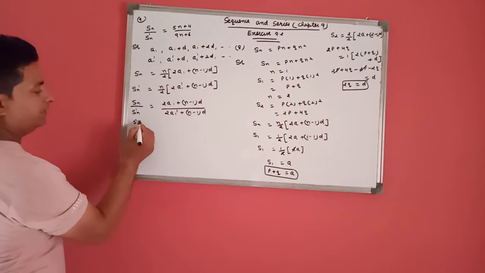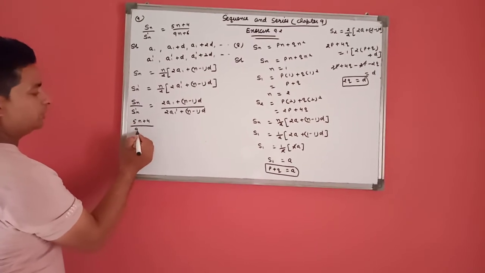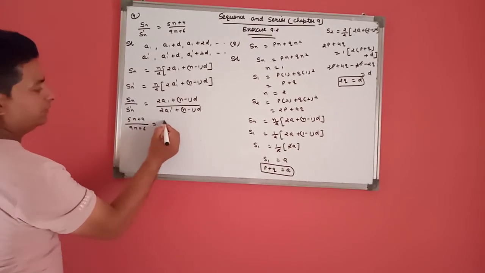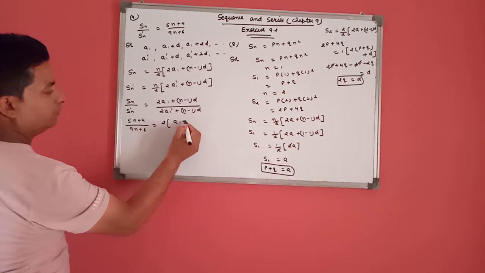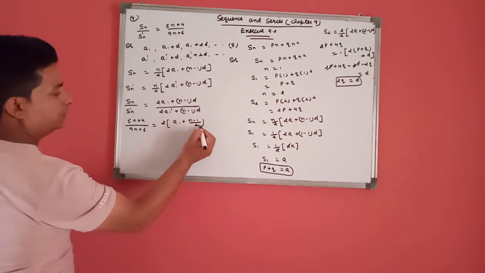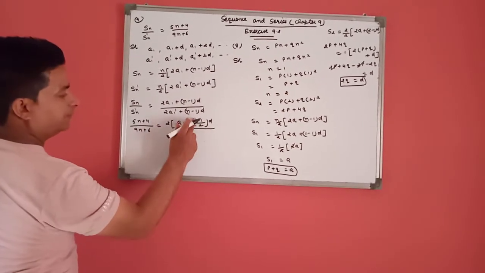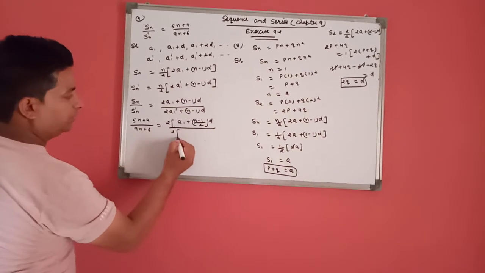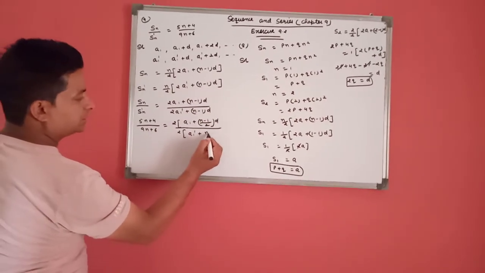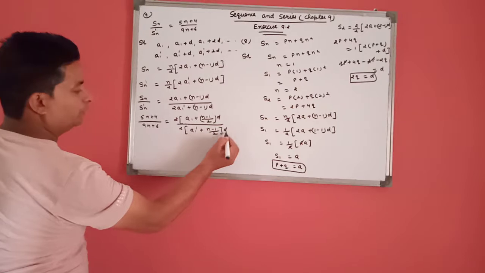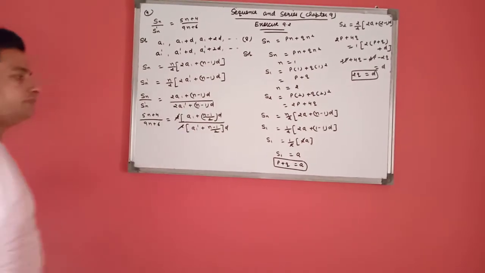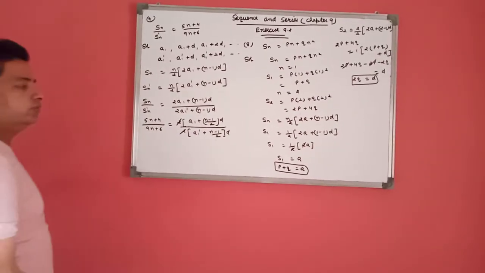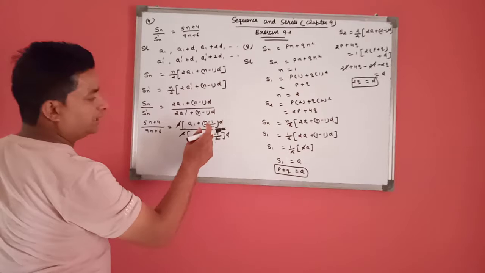This is 5n plus 4 upon 9n plus 6. When we take 2 common from the numerator, we get this, and take 2 common from the denominator, a1 dash plus (n minus 1) upon 2 d dash. This cancels out.